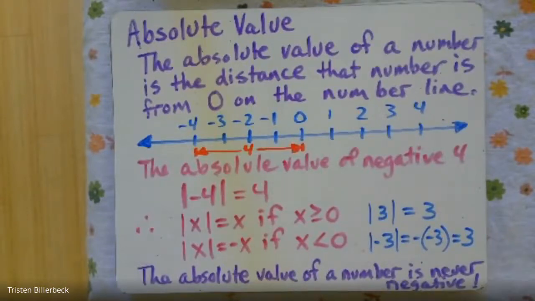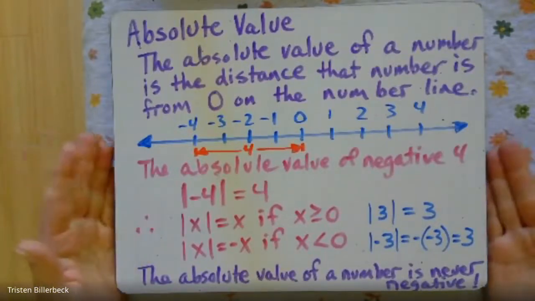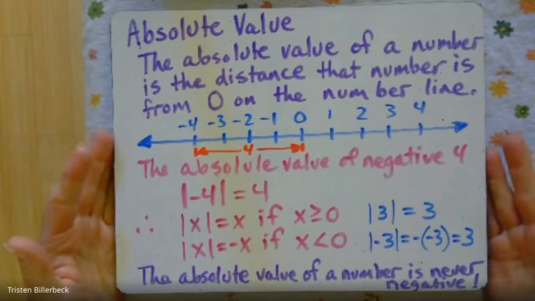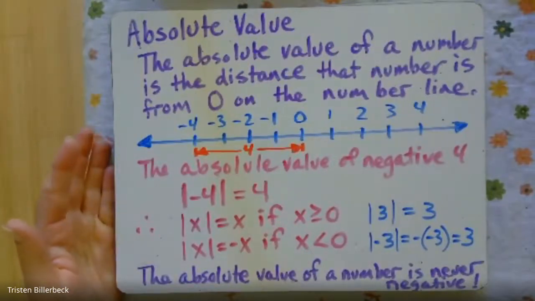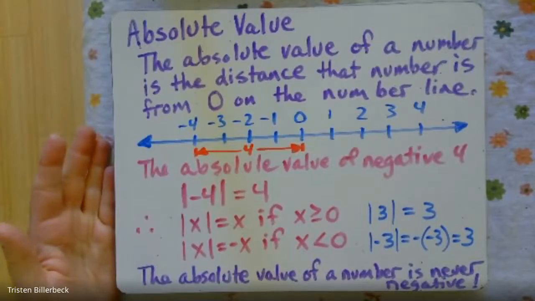Now, if we think of the absolute value like a washing machine, the only thing a washing machine does is remove dirt. If you put dirty clothes in the washing machine, they come out clean. If you put clean clothes into the washing machine, they still come out clean.